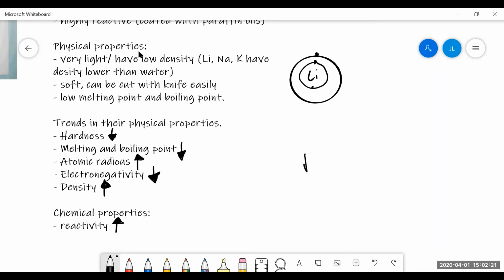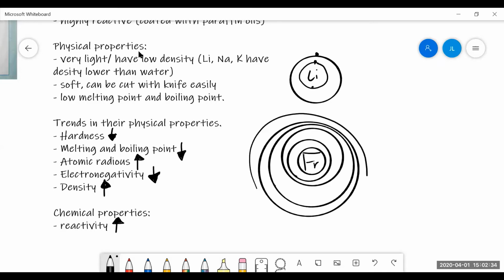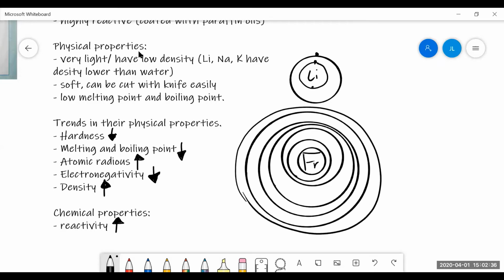But for francium, 1, 2, 3, 4, 5, 6, 7. Okay, so I will not draw every electron here, it takes too much time. So I just draw the valence electron. The distance between the nucleus and the valence electron, which one is nearer?